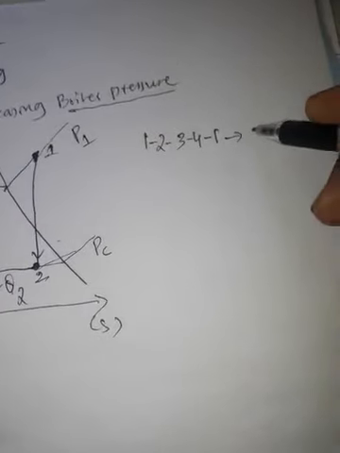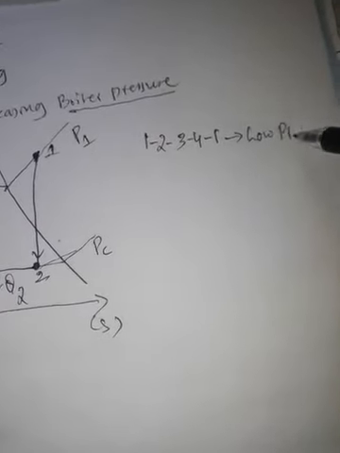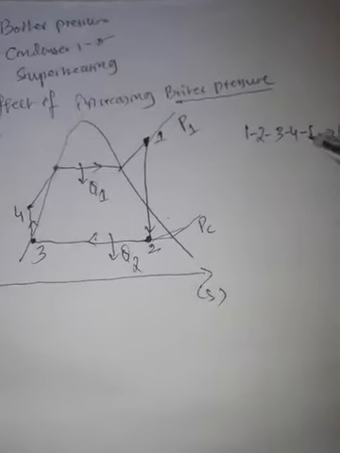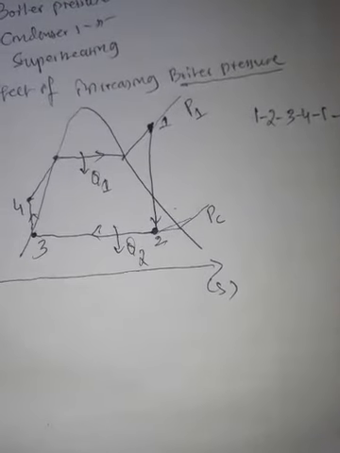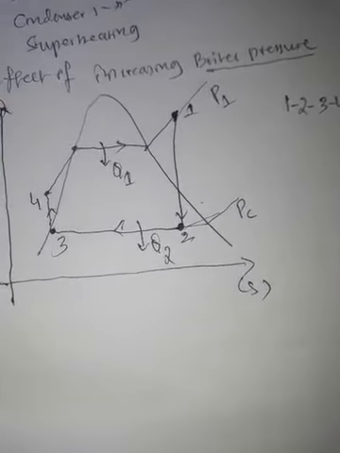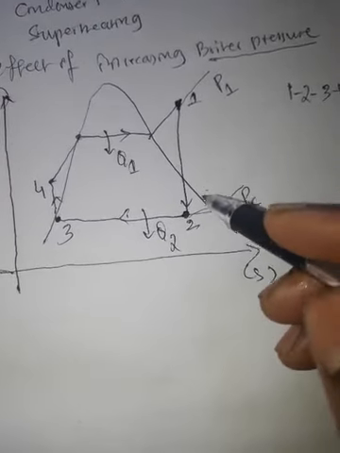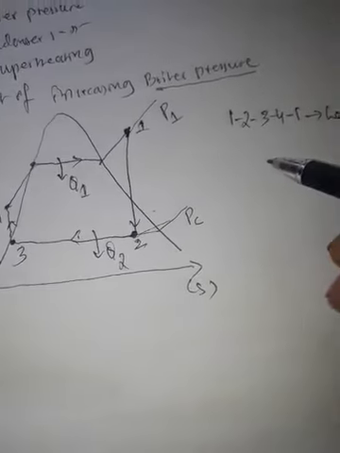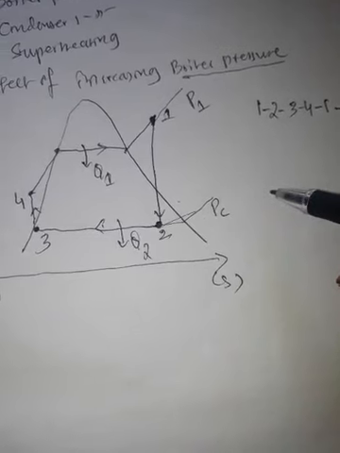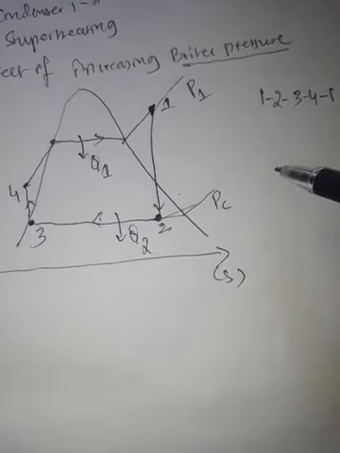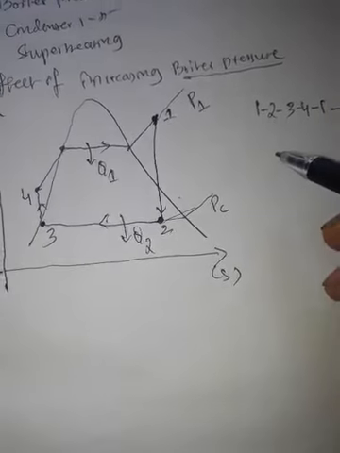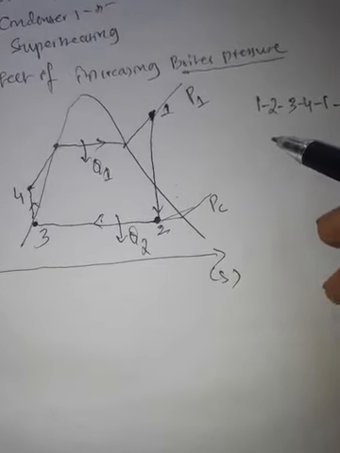I will call this cycle as low pressure cycle. Here let me write the area of heat rejection, because I will be taking it for my discussion as well as comparison with high pressure cycle.